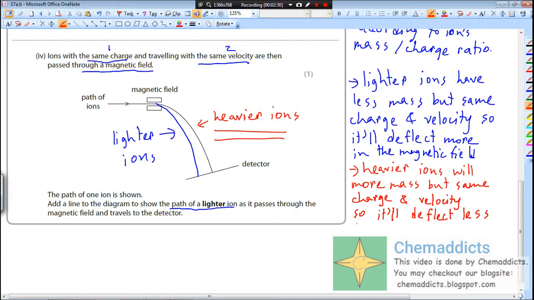Not more, less in the magnetic field. So this is how it goes.